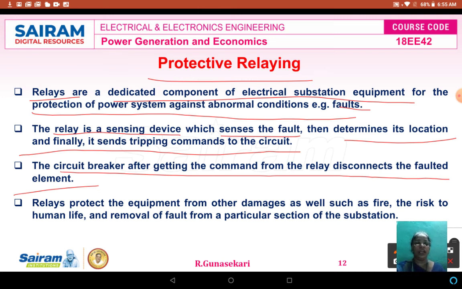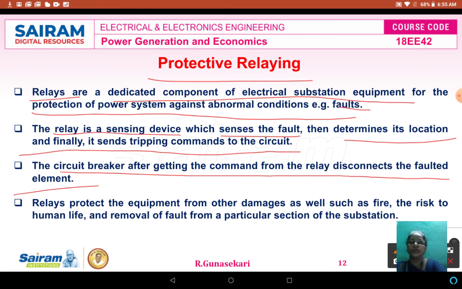From the relay only. So the relay first senses the fault and determines the fault location, and finally sends a tripping command to the circuit breaker. After getting the command from the relay, the circuit breaker disconnects the faulted element. So this is the function of the protective relaying.